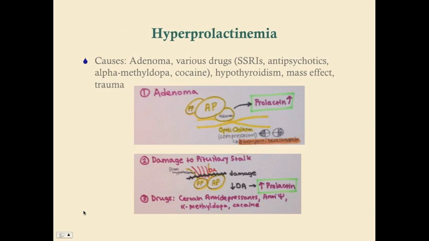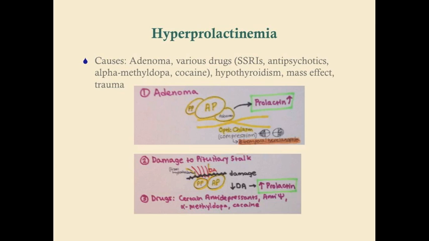Okay, hyperprolactinemia. So what are the causes of hyperprolactinemia? Hyperprolactinemia is just an increased amount of prolactin in the bloodstream, which causes certain symptoms that we'll talk about in a little bit. But the causes for hyperprolactinemia most prominently are an adenoma. So an adenoma is a tumor that is creating prolactin.